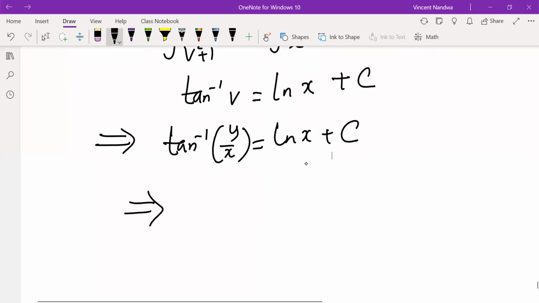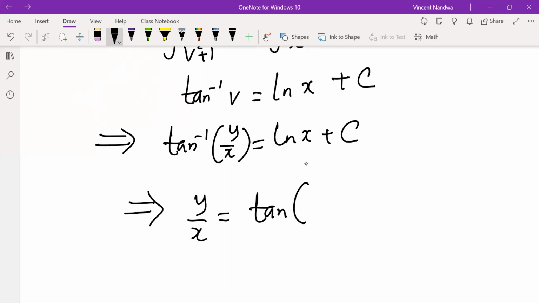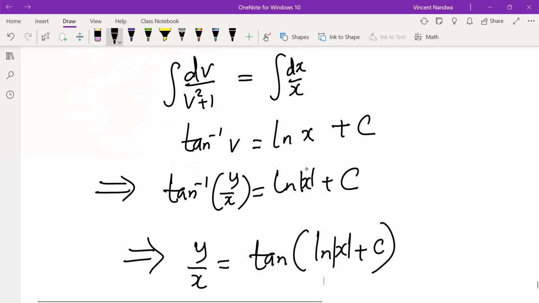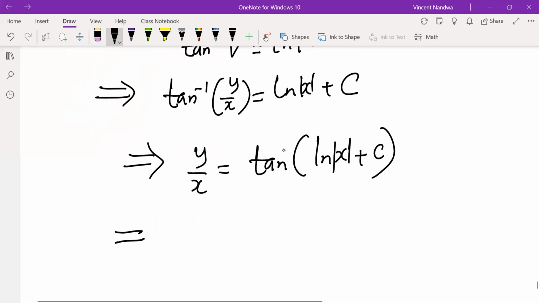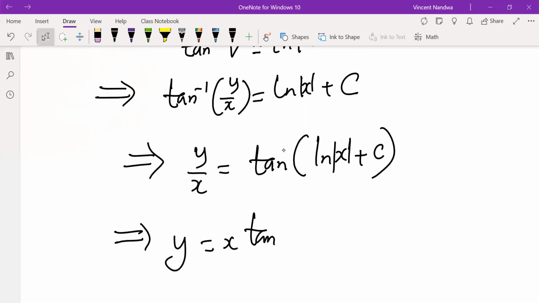So we see that y over x will now be tan of (ln of x plus c). So which means that y alone will be x tan of (ln of x plus c), and this will be the solution.